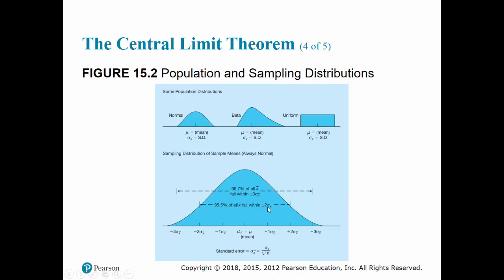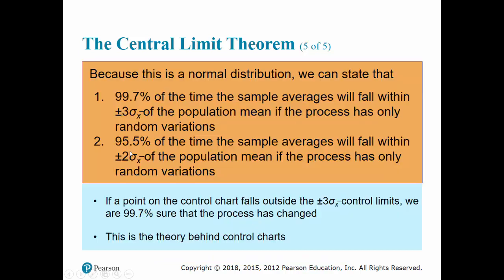But if you do 2 sigma sub X bar, that will cover 95.5%. So which means we can set up limits in this fashion. If you want 99.7%, then you go plus or minus 3 sigma sub x bar, where z is 3. If you want 95.5%, then 2 sigma sub x bar is sufficient. So usually 99.7% is more common, okay, 3 sigma limits.